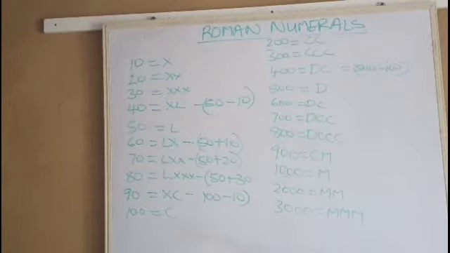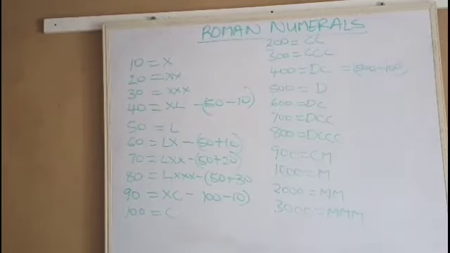Then you get to 50. 50 is L. 60 is LX, 70 is LXX, 80 is LXXX. If you look at it, 60 is 50 plus 10. 10 is X, 50 is L. That's why you have LX. You add them.